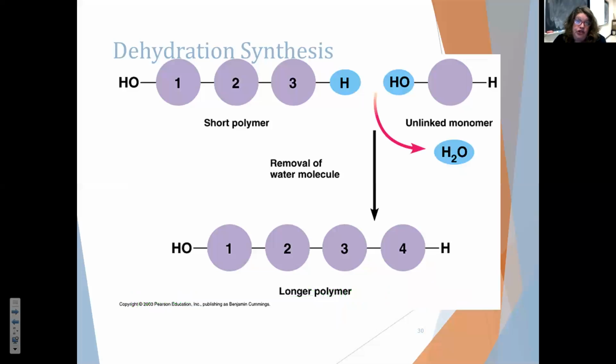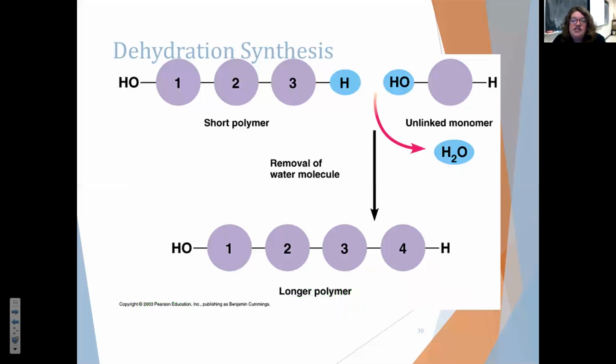Your book shows you a figure that is an example of both dehydration synthesis and hydrolysis. And I find that the more simply that we can get into this discussion, the easier it is to start to understand.